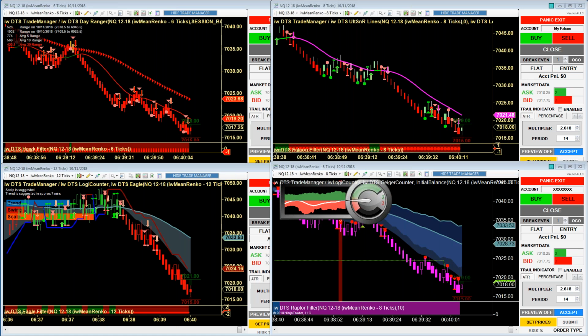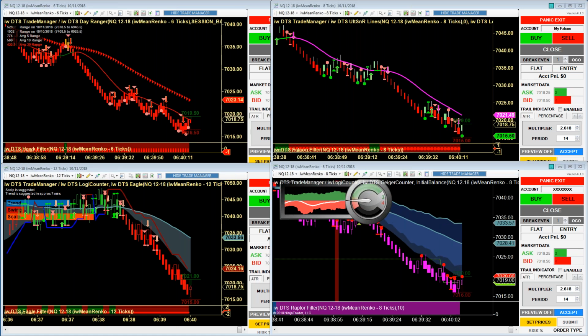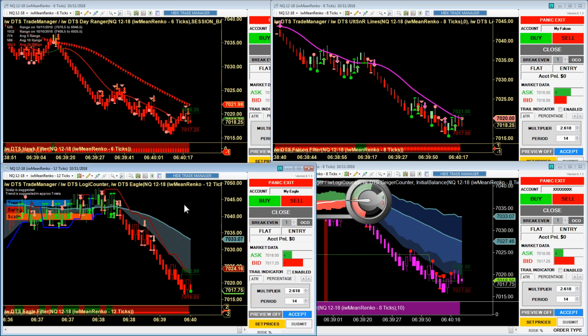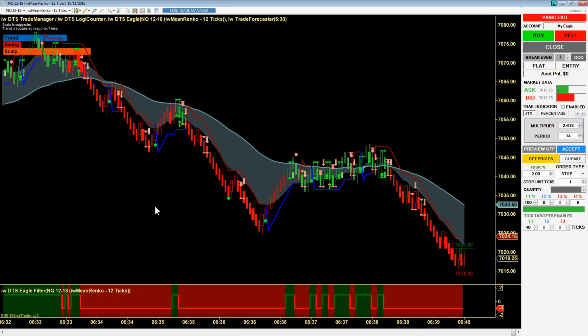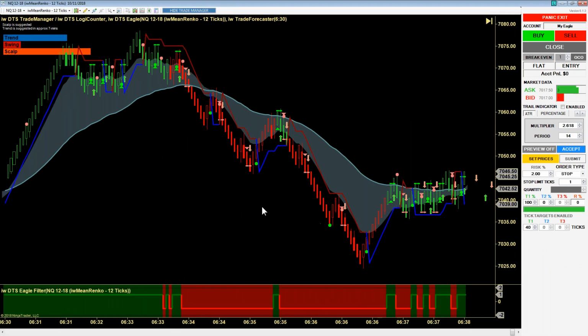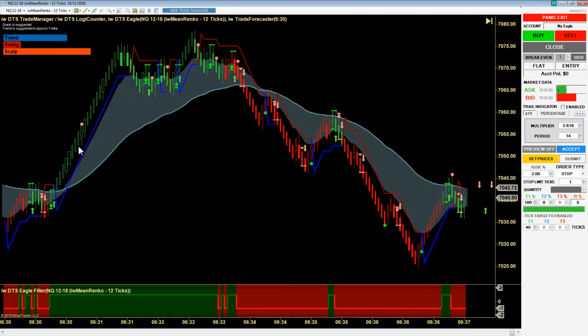All right, so here we are out of the gate, and already, wow, look at all these bars that have unfolded already within the first 10 minutes of trading. Got a fast move up.